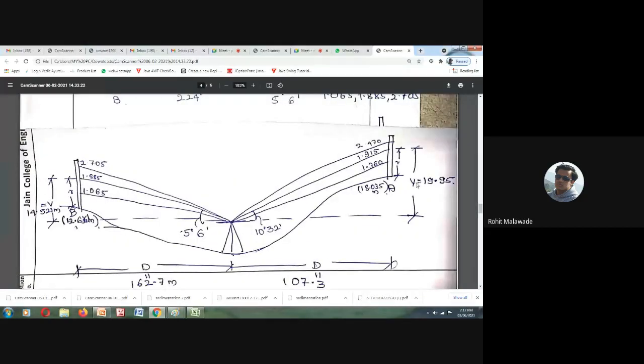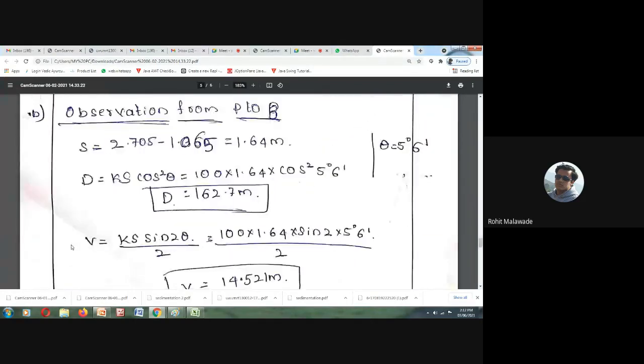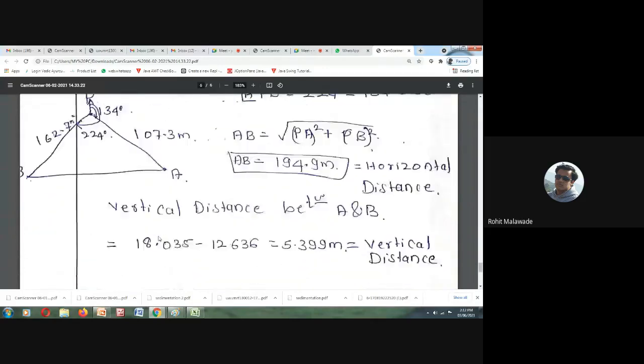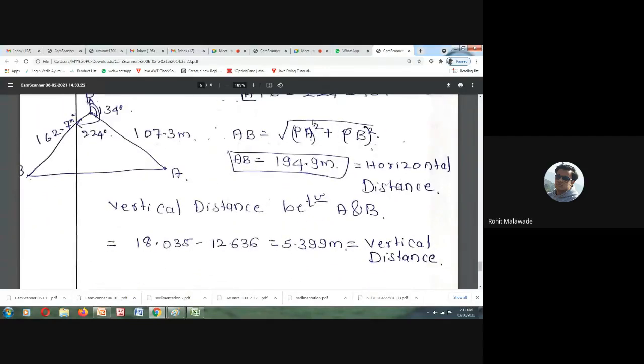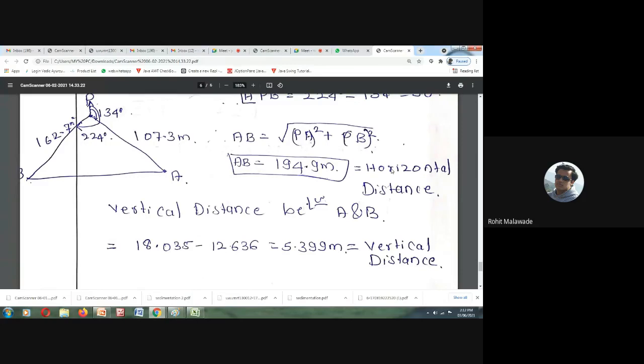Since these are present in a different plane, meaning on the ground level, what we have determined here is the horizontal distance. But what is the vertical distance between A and B, which we have already determined?